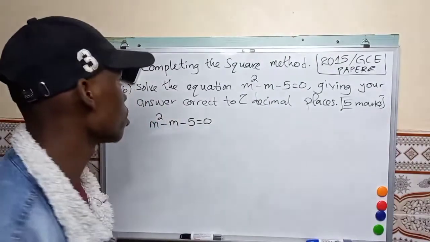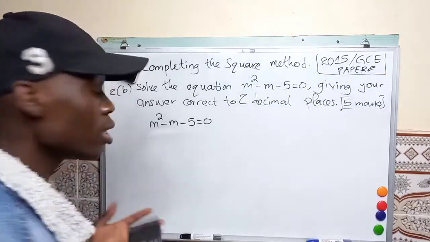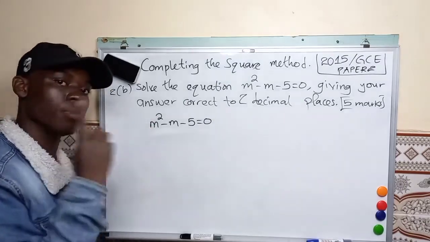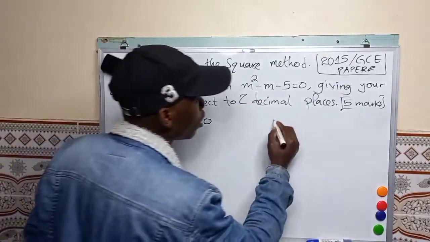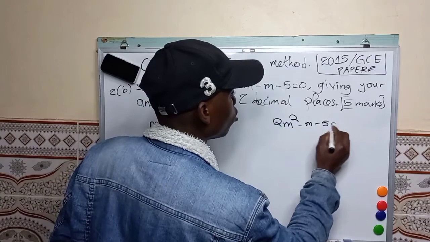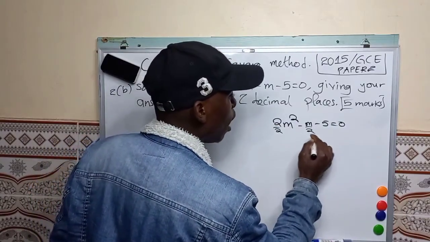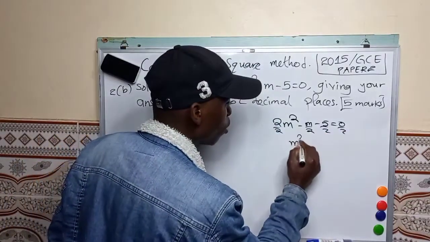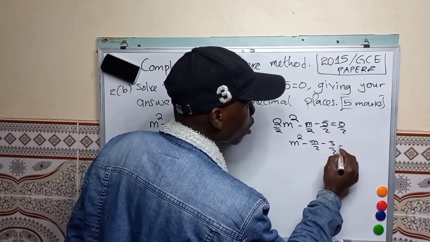So how do you go about solving the quadratic equation using the completing the square method? Now, the first thing you have to note is that the coefficient of m squared should always be 1. In the case where you're given 2m squared minus m minus 5 is equal to 0, you divide through by 2 so that you can have 1 as your coefficient here, which would be m squared minus m over 2 minus 5 over 2 is equal to 0.